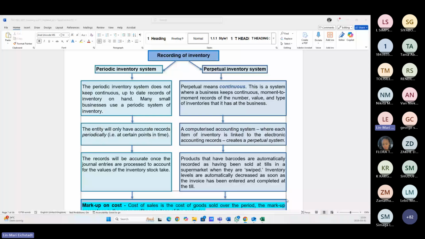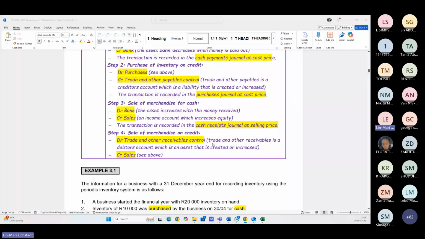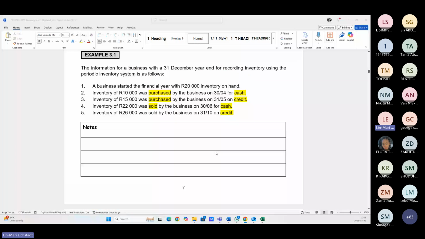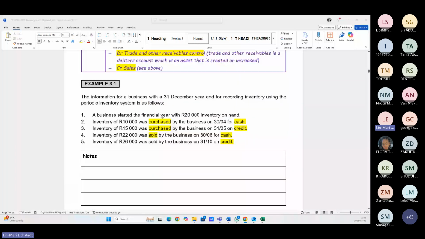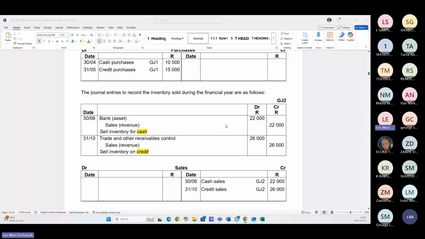Right, so hopefully that provides a small recap, but the recordings will be available for those of you that have not been able to watch it before. We went through one example the previous time, which in a very short summary showed how we calculate our inventory, so how we have our purchases account and our sales account.